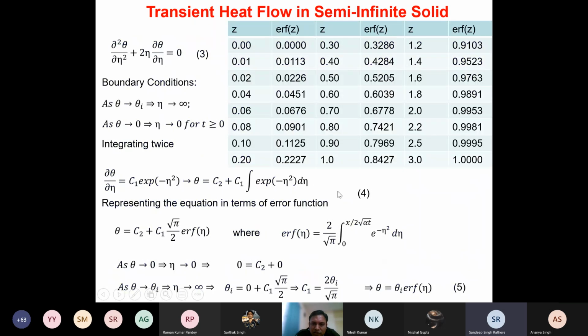In equation number 4, C2 is 0 and C1 is just 2 theta I by pi. Theta I is Ti minus T naught, whereas theta is T minus T naught. After differentiating this equation with respect to x, we can find dou t by dou x.